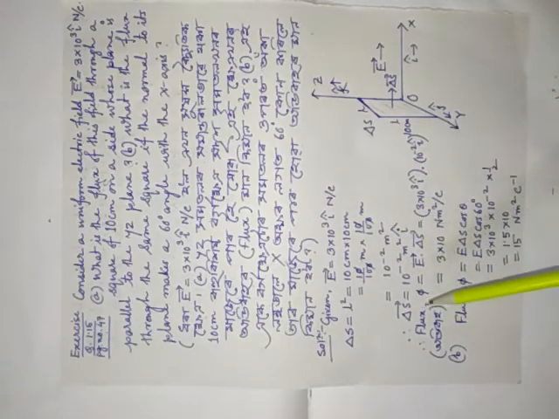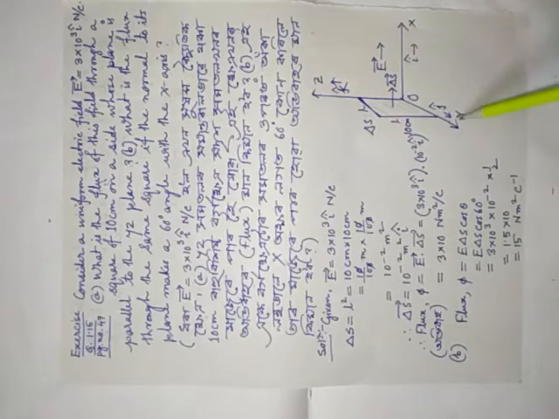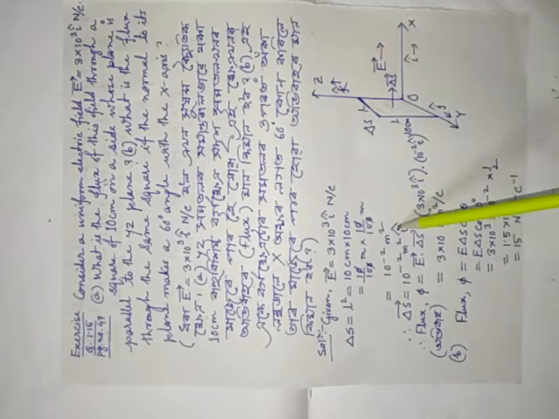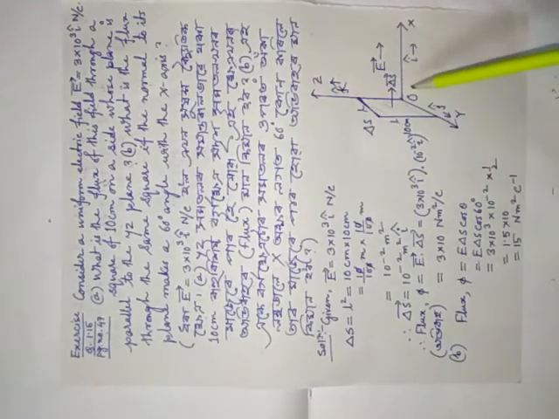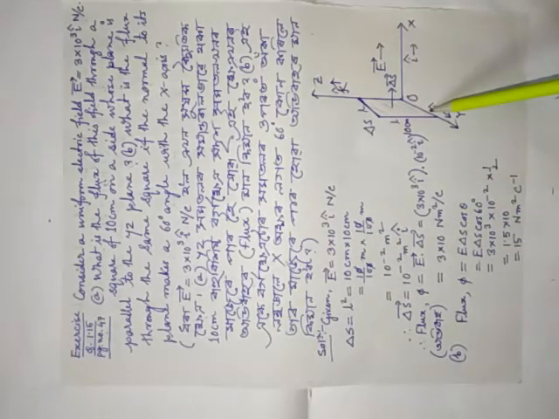Similarly, if the question would have given that the plane is lying along XY, that means instead of X and Y you have to consider Z direction. That means K cap. If the plane would have been given in XZ plane, that means you have to write J cap. Area vector is always perpendicular to the plane drawn.